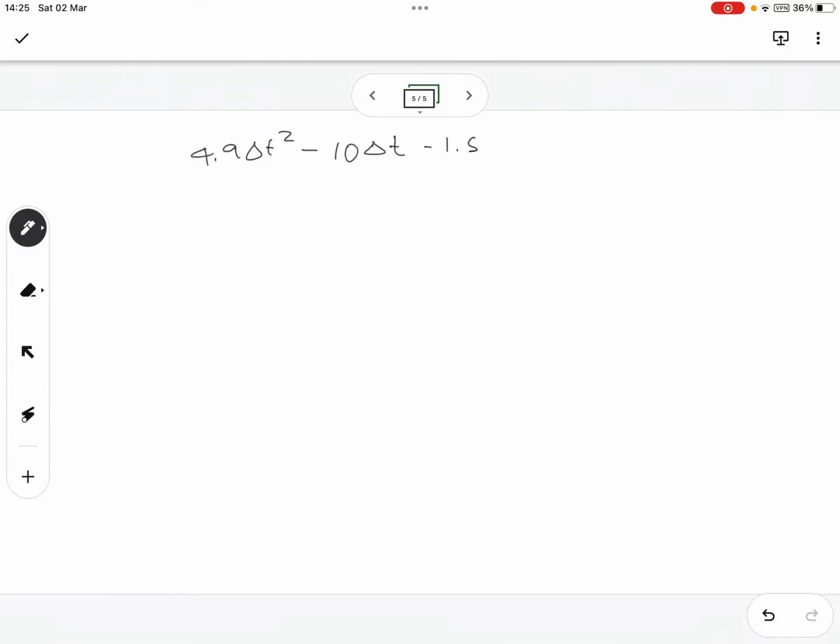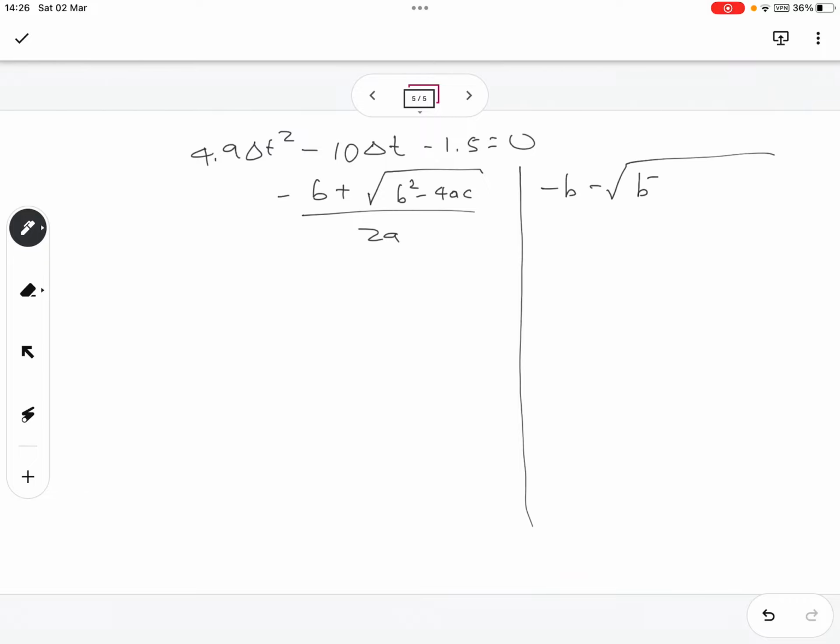So I just want to write the equation down properly. So we have 4.9 delta t squared minus 10 delta t minus 1.5 is 0, and we're using minus b plus the square root of b squared minus 4ac over 2a, and we also have minus b minus the square root of b squared minus 4ac, all this over 2a.